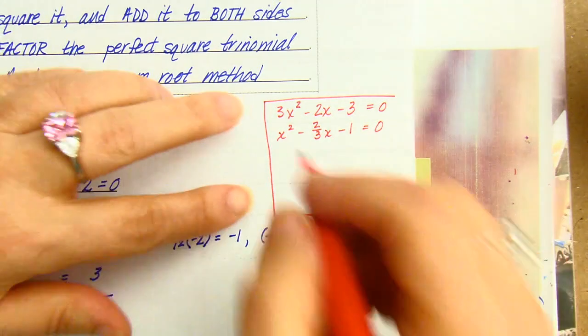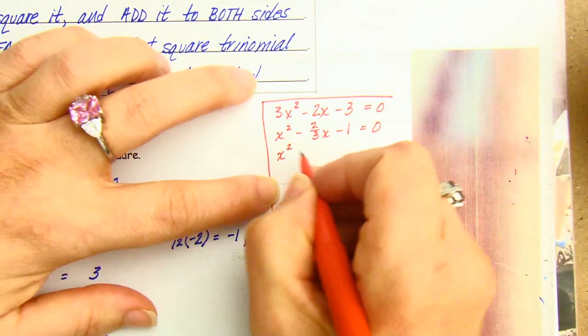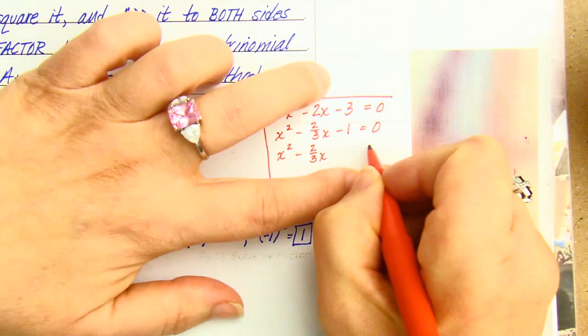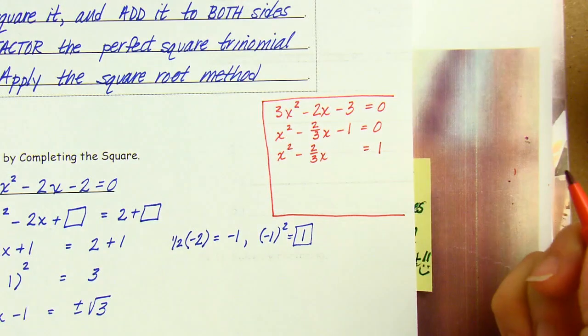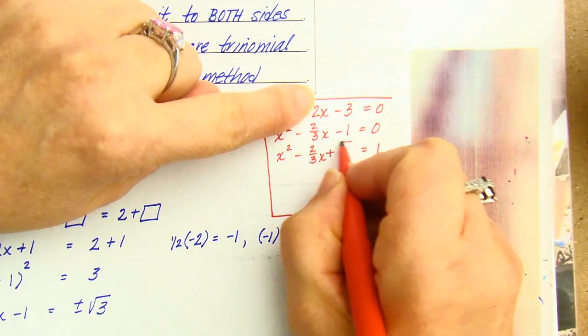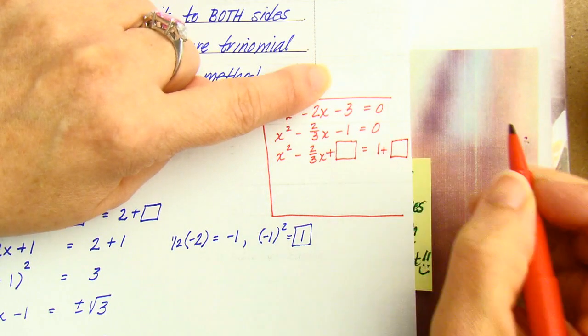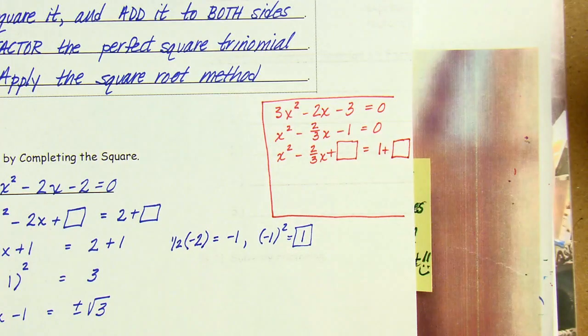I can boot my constant to the other side. This is x squared, subtract 2/3 x, equals now positive 1. Now I have to complete the square on both sides. And this is where sometimes students don't enjoy this. But really, if you're taking half of a fraction, all you do is multiply the bottom by 2. Half of 2/3 is 2/6.